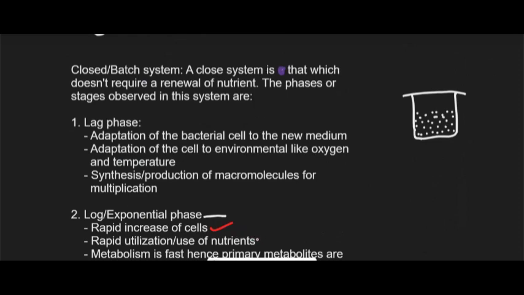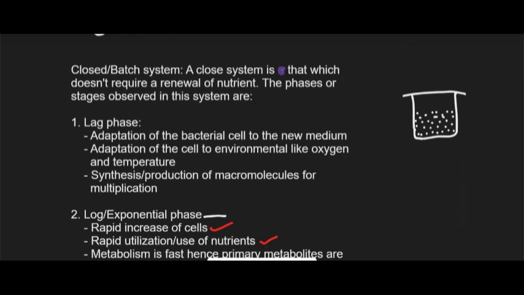Now, when the cells increase, what do you observe? There will be rapid utilization of the nutrients because the more the population of the country, the more the food consumed by the people. Does that make sense? The same thing is applicable to a bacterial cell in a plant system, right?